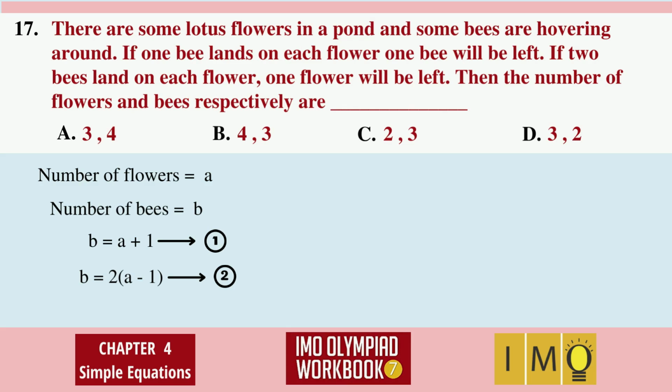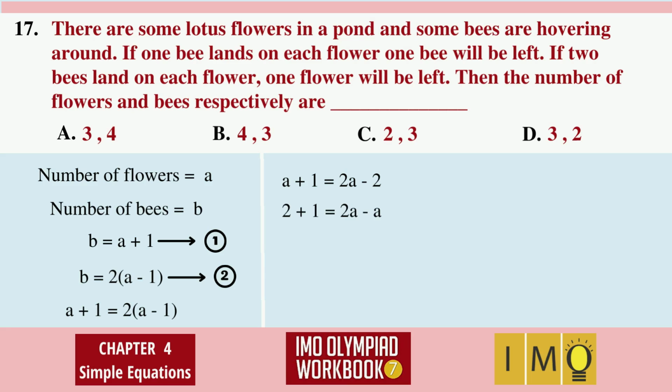From the first equation, we have B is equal to A plus 1. So let's substitute this value of B in equation 2, which gives us A plus 1 is equal to 2 into A minus 1. So A plus 1 is equal to 2A minus 2.